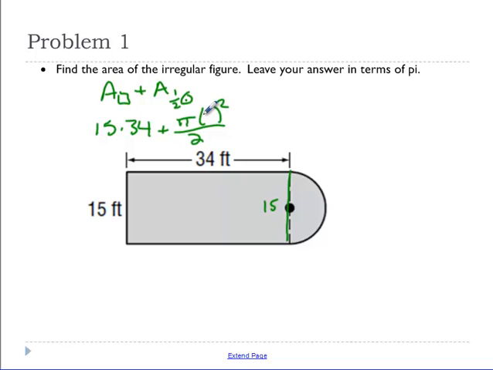Half of that, 7.5. So 15 times 34 is 510, plus, I'm going to take 7.5 and square it, and then divide by 2, and I get 28.125 pi.